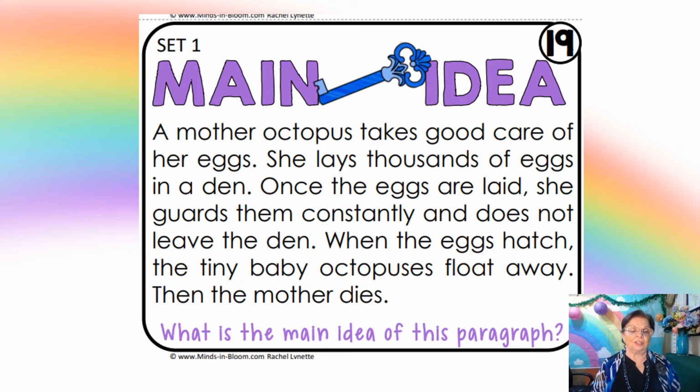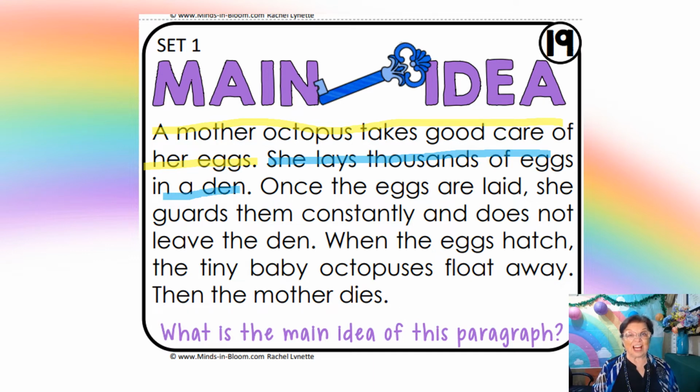What do you think the main idea is? You think it's about a mother octopus? What about her? She takes good care of her eggs. Let's find some supporting details to prove that. She, that's the mother octopus, lays thousands of eggs in a den.